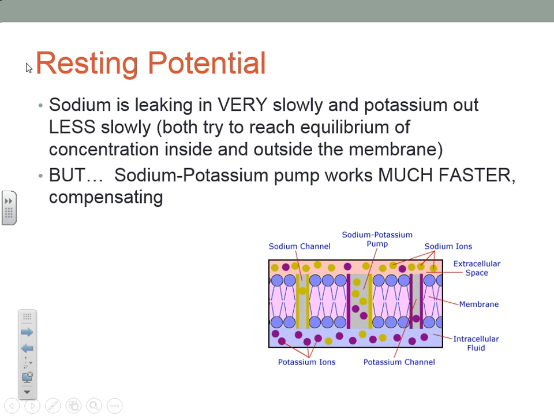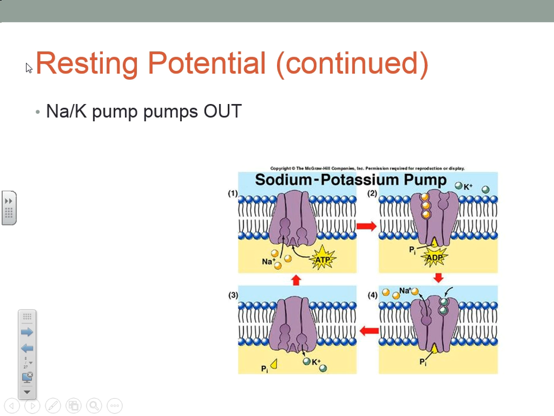But the sodium-potassium pump is going to be pumping 3 sodium ions out and 2 potassium ions back into the cell. So if you look just relative to the sodium and potassium, if you have 3 positive charges moving out and 2 positive charges moving in, the inside would be more negative than the outside.